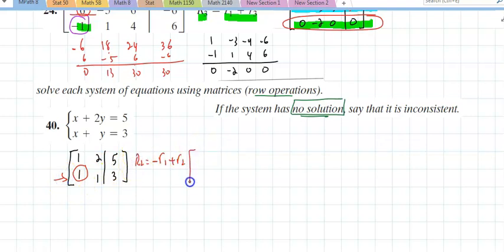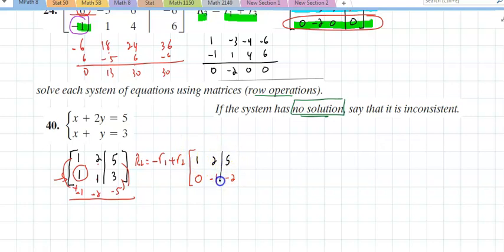So let's see how this works. If I multiply row 1 by a negative 1, doesn't this become a negative 1, a negative 2, and a negative 5? And if I add those, wouldn't that be a 0, a negative 1, and what is that, a negative 2? I'm going to take row 1 and just copy it down.